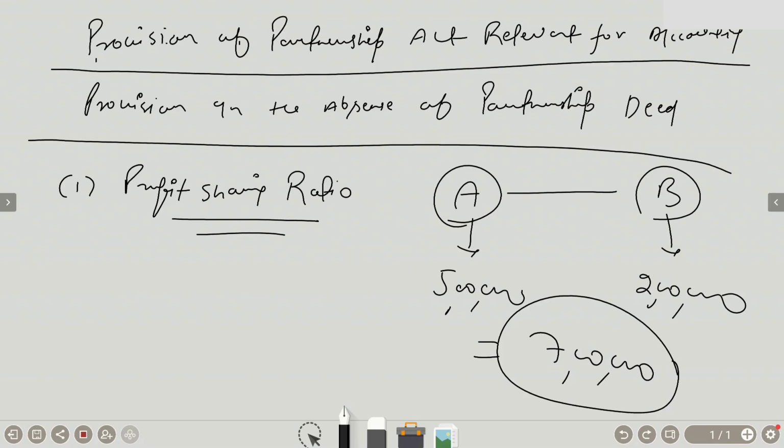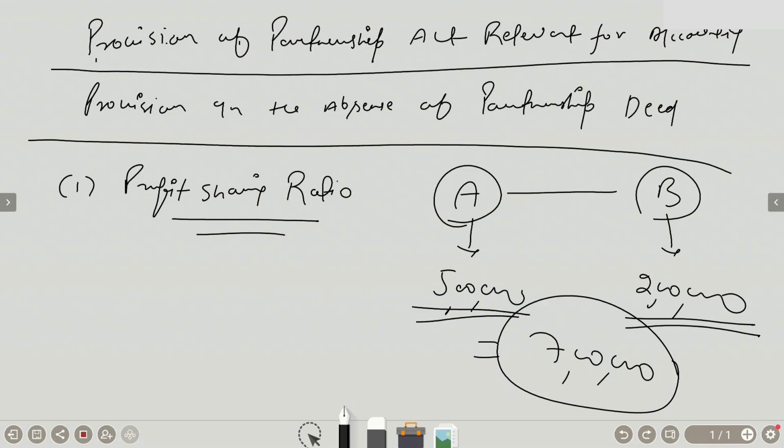So in the partnership deed, they both forget to write the profit sharing ratio. As per the provision of the Partnership Act 1932, irrespective of their capital, their profit sharing ratio is going to be equal.